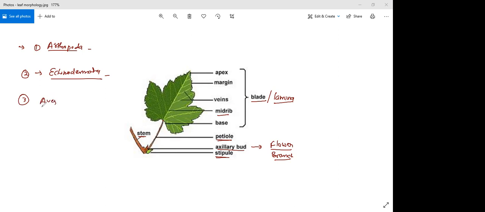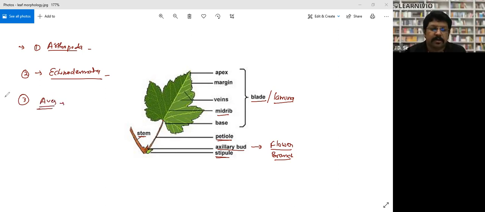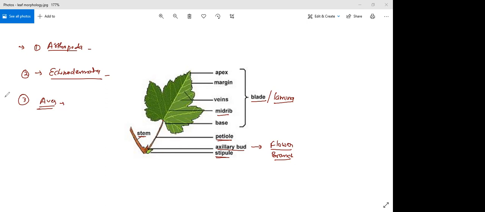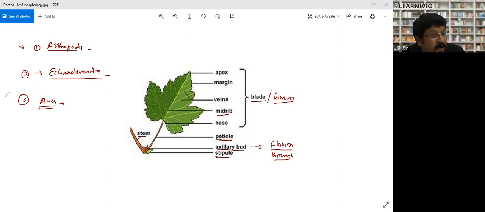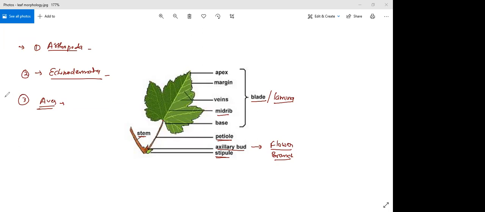One more. In Aves, there is a peculiarity in their lungs. What is special in their lungs? Not the heart, the lungs. They have special storage glands, right?